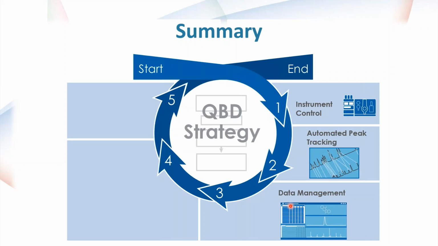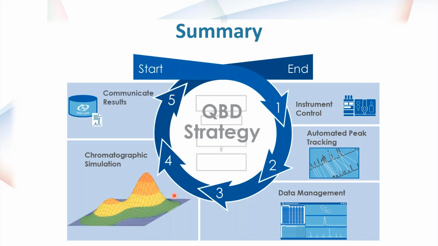All of this is tightly integrated with chromatographic simulation software. And once you've acquired an ideal method, then you can communicate your results to your colleagues or within the company.